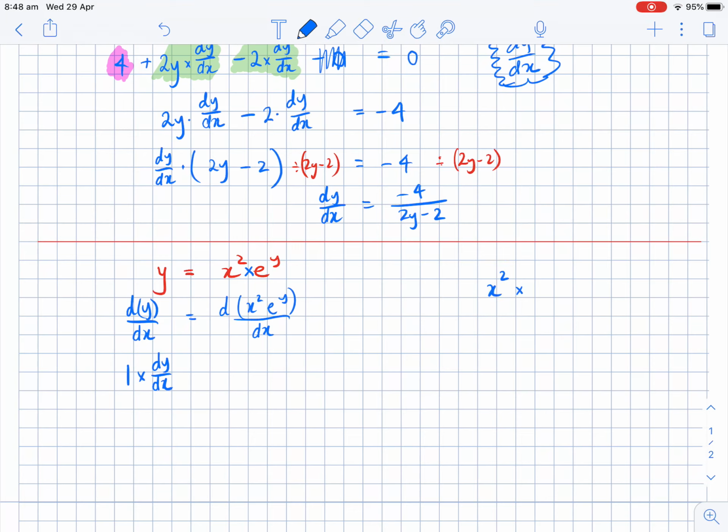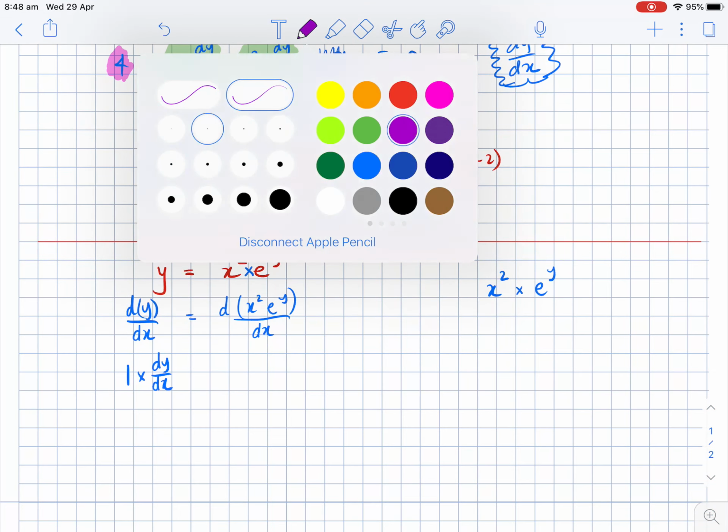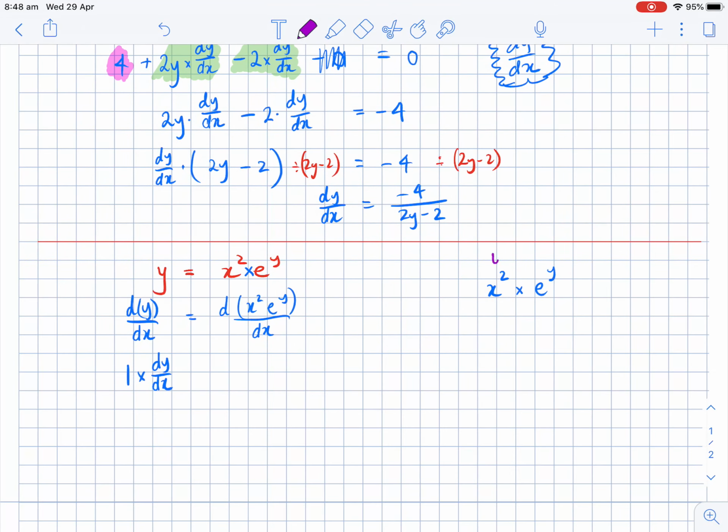Now let's have a little think about this x squared times e to the y. I'll do this formally with the product rule so that you can see how it works. If I let u equal x squared, when I differentiate u with respect to x, I get 2x.